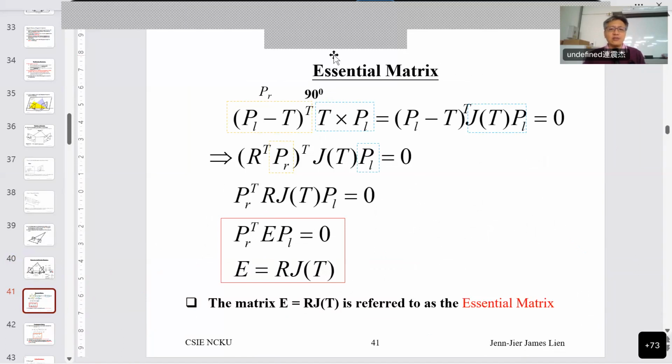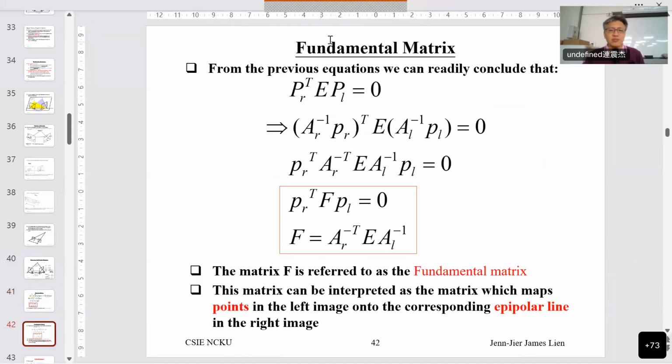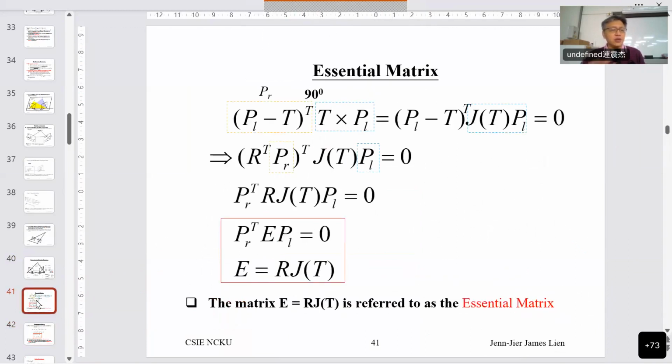One is called the essential matrix, the other is called the fundamental matrix. Okay. And OpenCV does a good job here. OpenCV talks about stereo, and also talks about the essential matrix and fundamental matrix. They also give you the source code, and it will automatically help you to find the epipolar line.